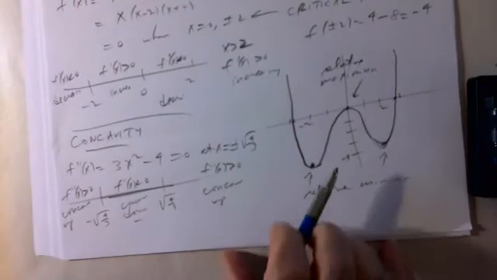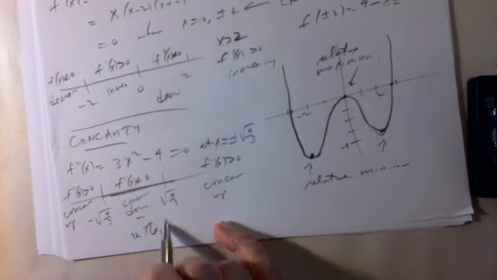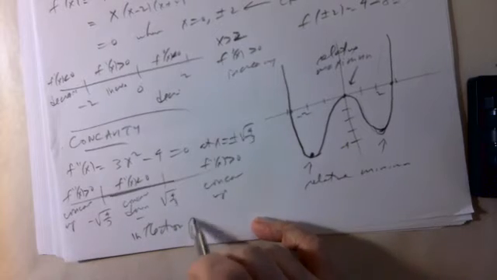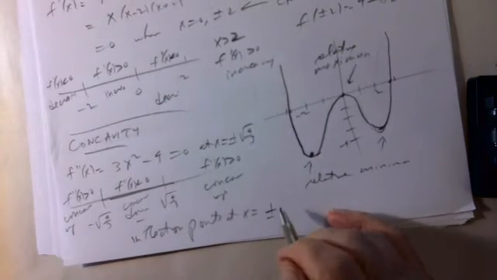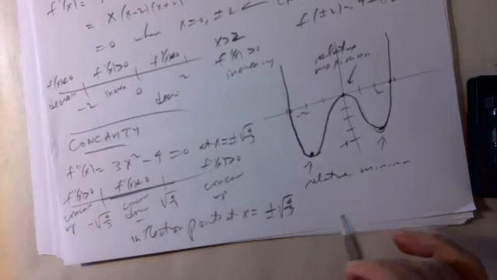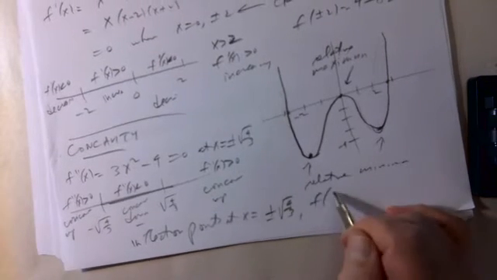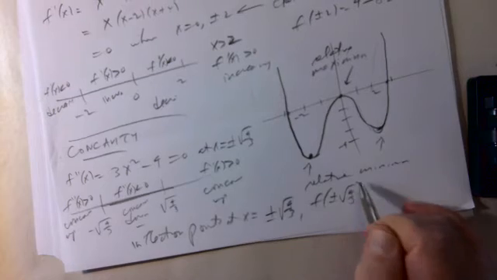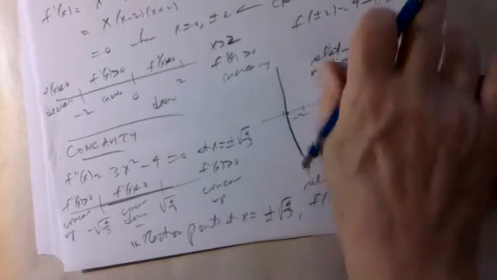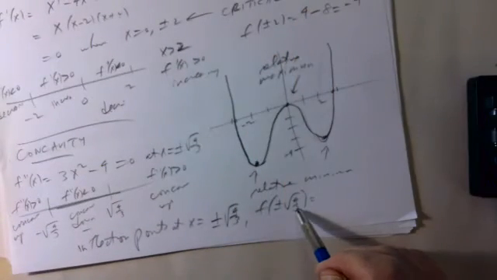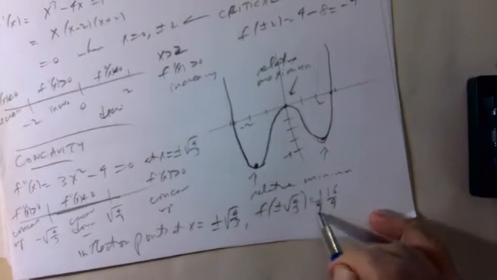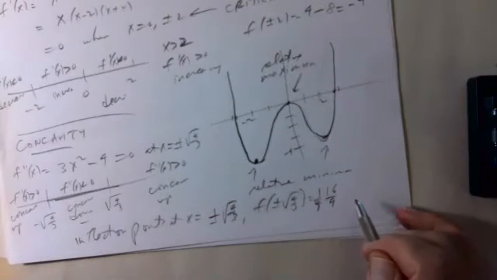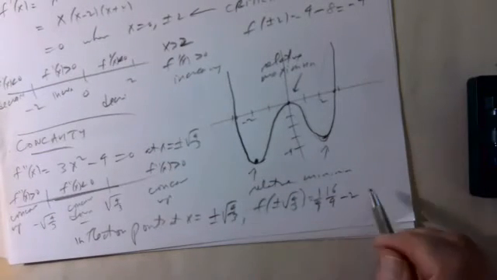So we have inflection points at x equal plus or minus square root of 4/3. And f of plus or minus the square root of 4/3 is equal to what? Well, when you square the square root of 4/3, you get 4/3. You square it again, you get 16/9 times a fourth minus 2 times 4/3.